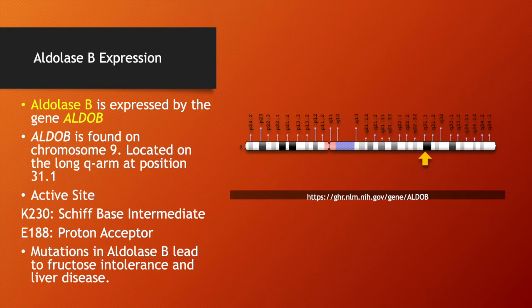Mutations in aldolase B are going to lead to fructose intolerance and eventual liver disease, and this is caused by an accumulation of excess fructose 1-phosphate in the liver, which is going to lead to hepatic diseases.